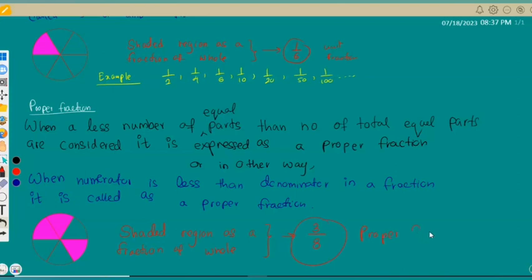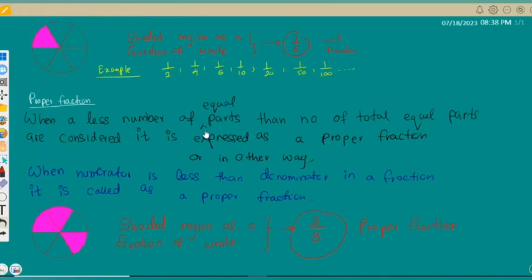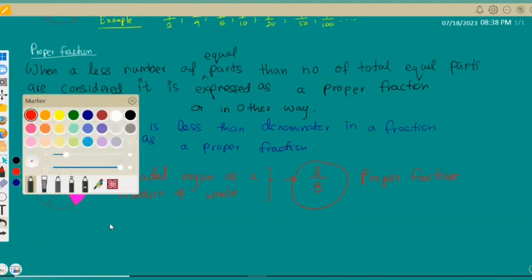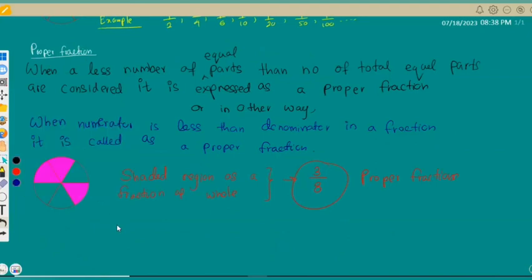Can you tell me some proper fractions? That means the kind of fractions in this form. They are 2 out of 5, 3 out of 7, 8 out of 10, 7 out of 12, 10 out of 20.